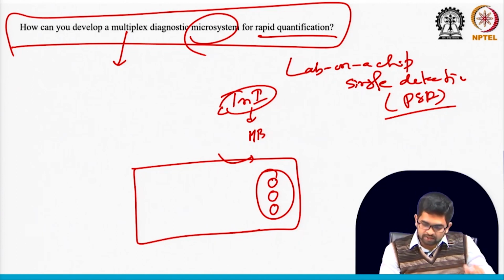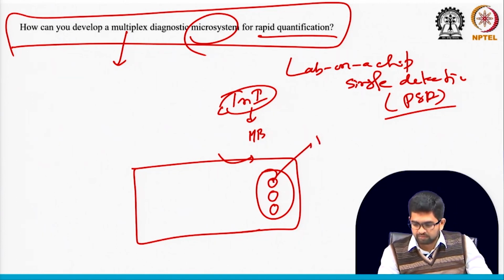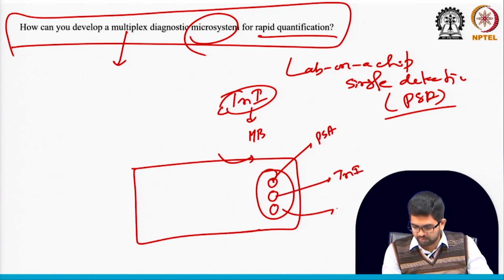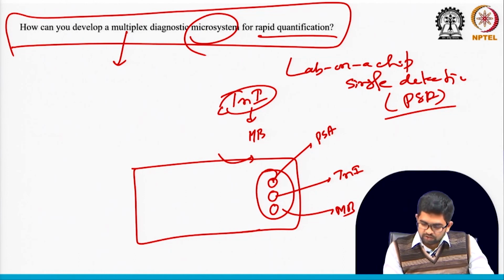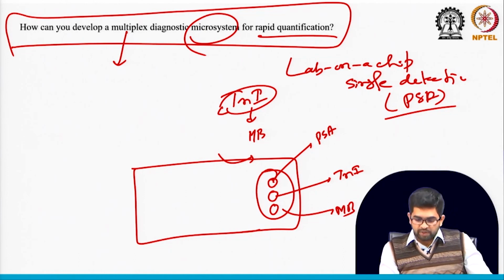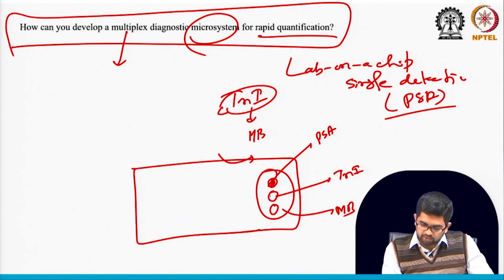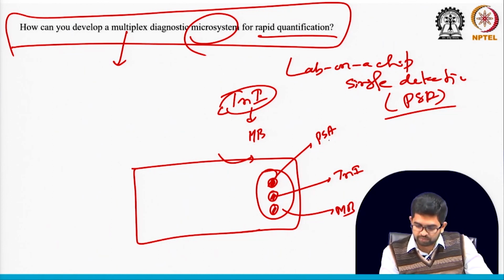One for PSA, one for troponin I, one for myoglobin. You can make it in two ways. One is with working electrodes, where you immobilize your specific antibody for PSA here, troponin I here, MB here, with separate working electrodes and a common counter and common reference.